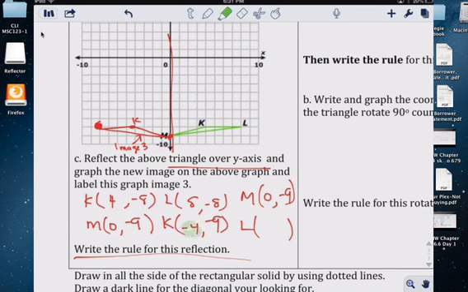Negative 4 is 4. Did I count wrong for K? Oh yeah, 8. I'm getting tired, you guys. Making careless mistakes because I'm just tired. I need to go to sleep first before I make your test. Otherwise I can't think. Okay, so basically the numbers are the same.